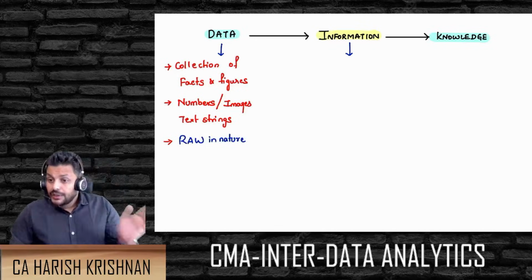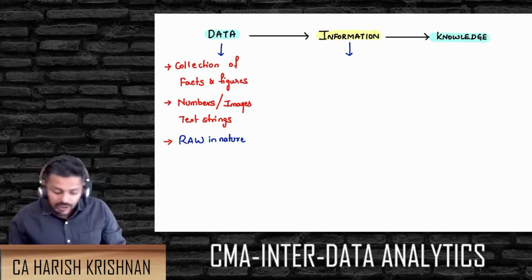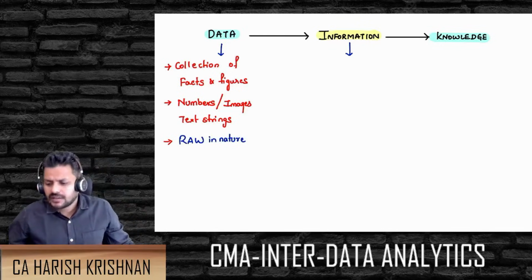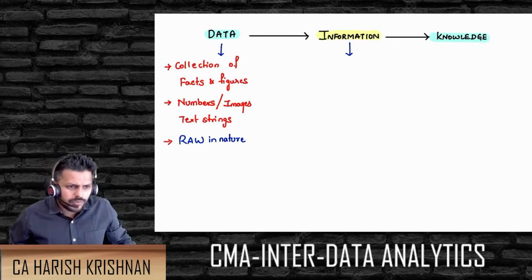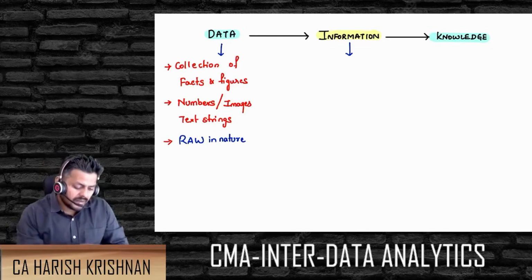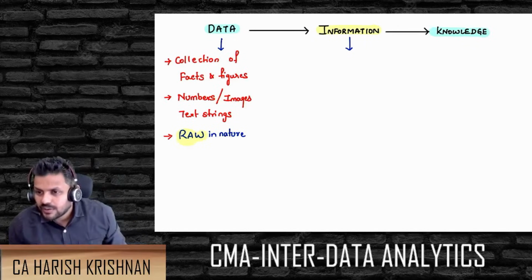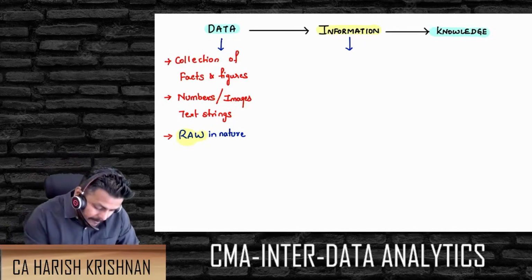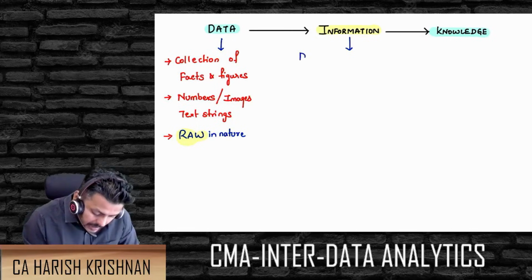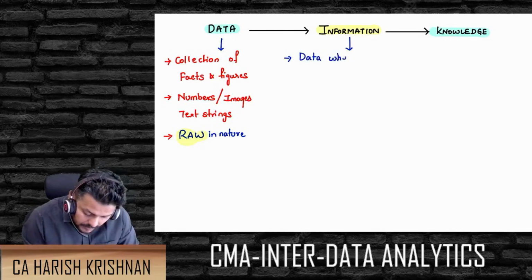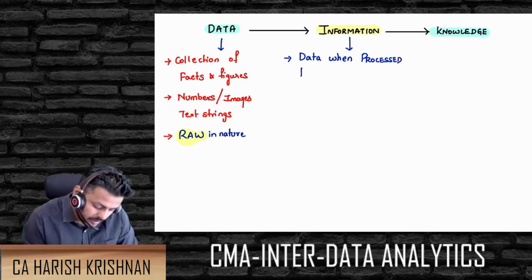Then if you apply a set of steps, however you want to call them, steps, techniques, whatever it is, when the data has been subject to some amount of processing, data when processed becomes information.